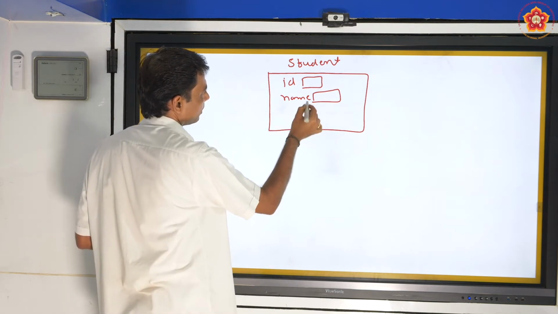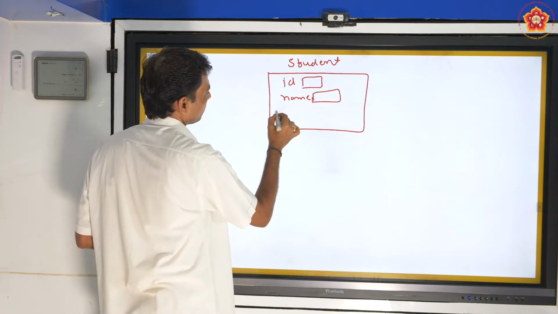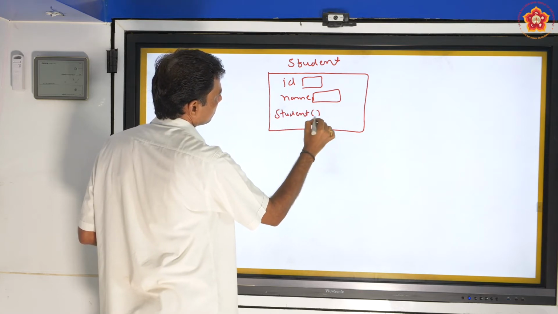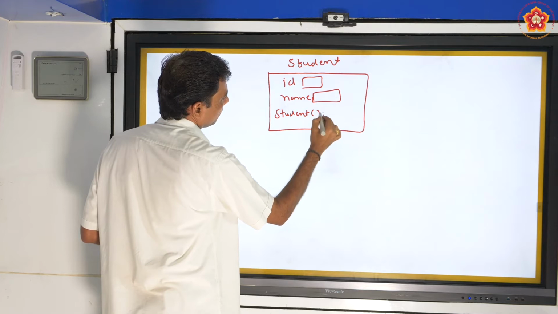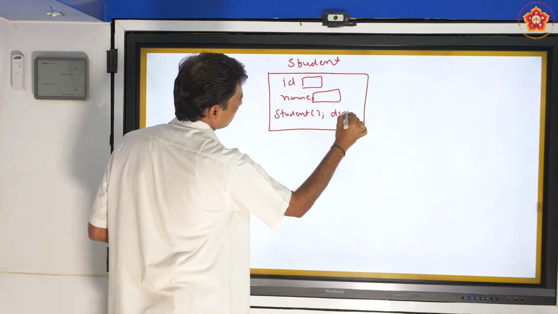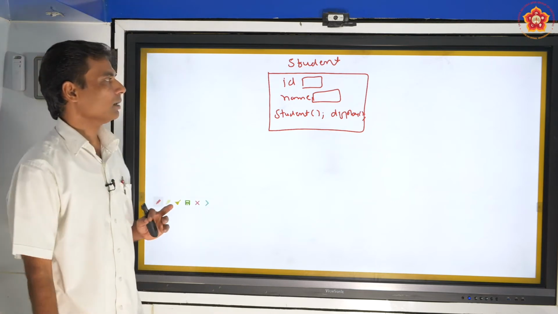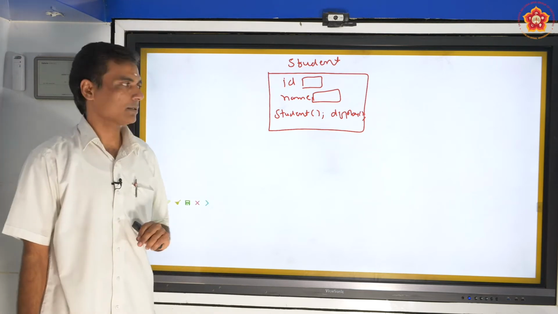One is the constructor, student constructor, and the display function. So this much is there in the memory for this student class.